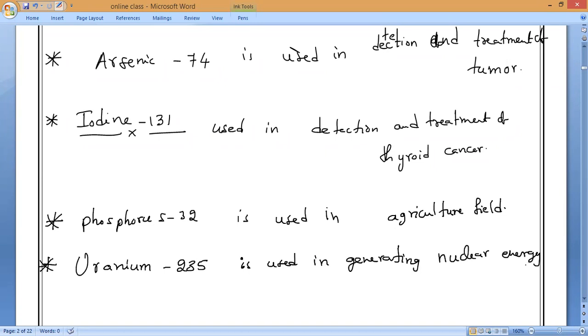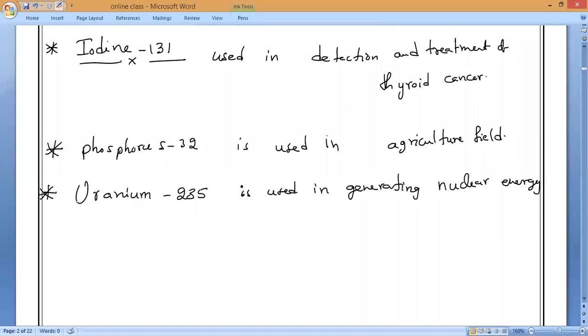Nuclear reactors, yes. Nuclear energy and designing of atomic or nuclear bombs. Do you remember that? Extremely dangerous. The most dangerous isotope is this one only.